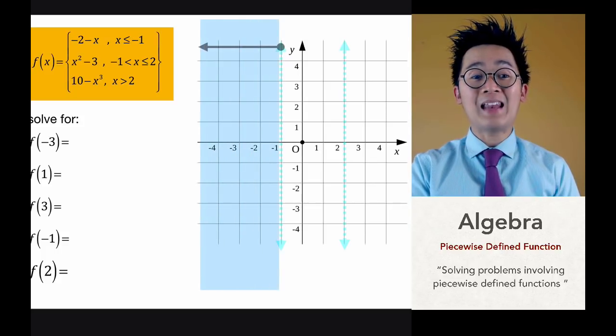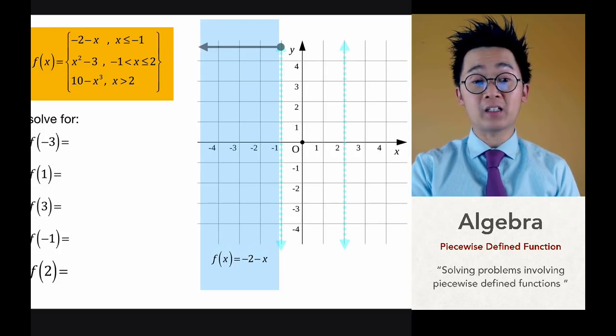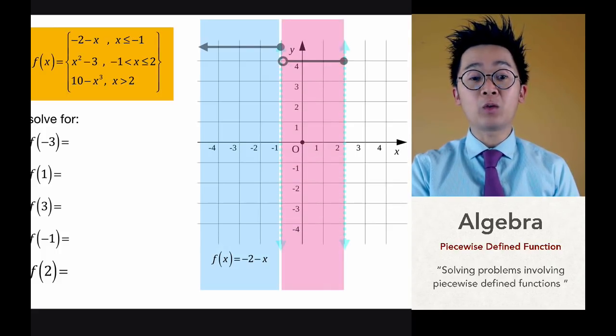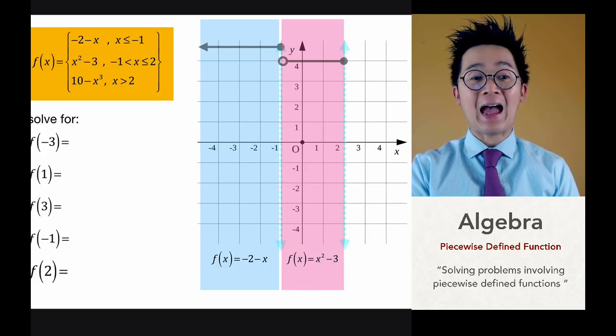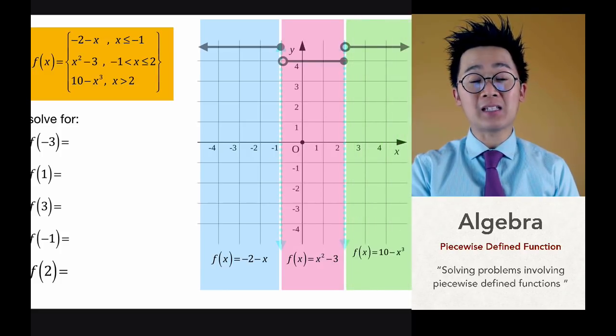To the left of -1, the function that we are going to be using will be -2 minus x. Anything between -1 and 2, not including -1, we will be using the function x squared minus 3. And at any value of x that is greater than 2, we will use the function 10 minus x cubed.